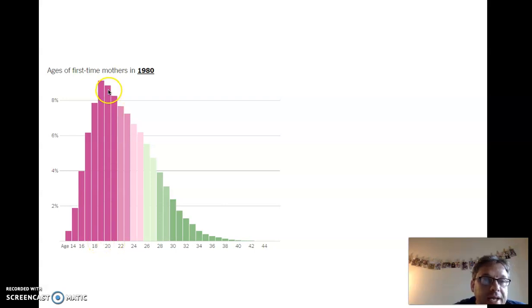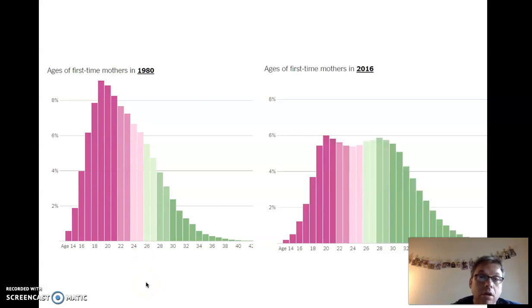So 19 and 20, the two highest percentages. And then it goes down as women get older. But if we look at age of first-time mothers in 2016, visually you can very quickly see there is a difference in what has been happening in these years.